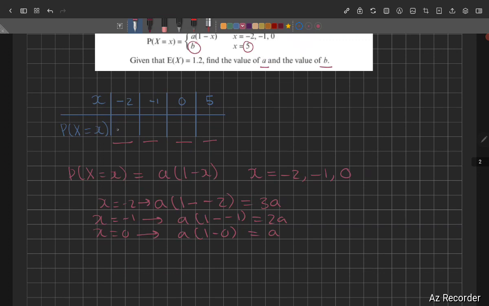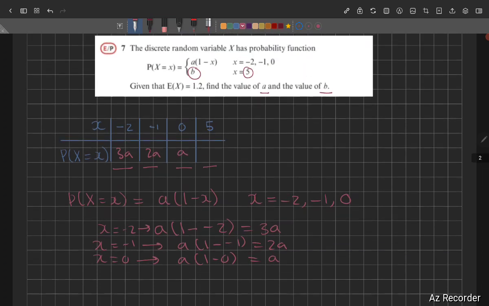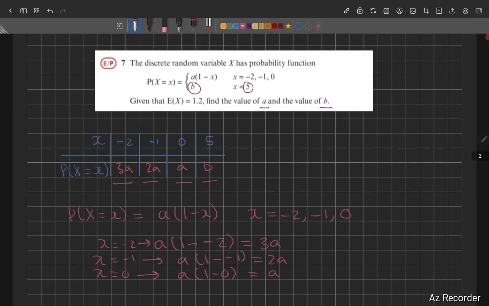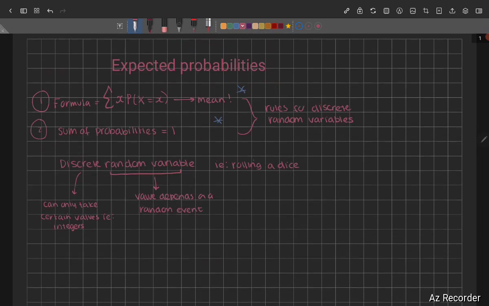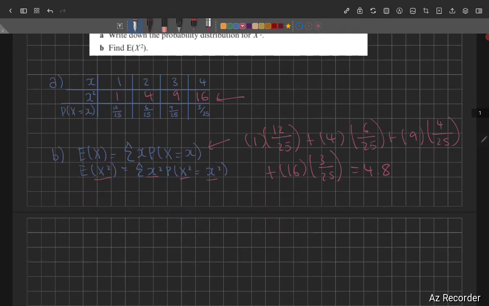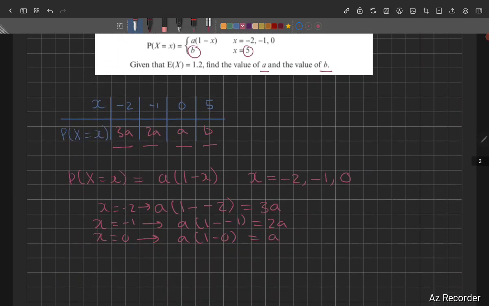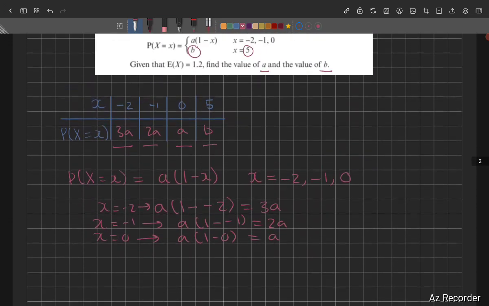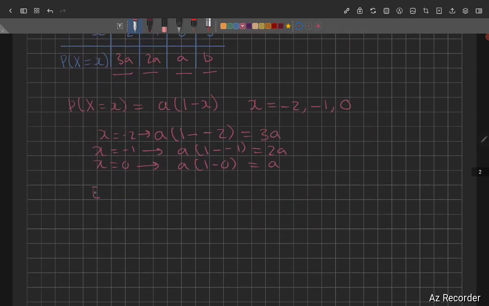So we have, for x equals -2, the probability is 3a. For x equal to -1, the probability is 2a. For x equals 0, the probability is a. And for x equals 5, the probability is b. Using this information, we can apply our first rule, which is that the sum of x times the probability of x is equal to the expected value. In this case, the expected value E(x) is equal to 1.2.